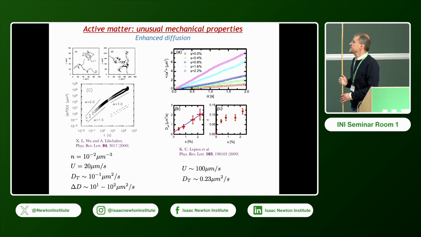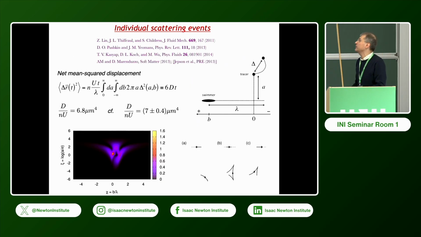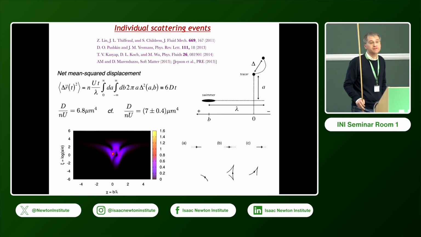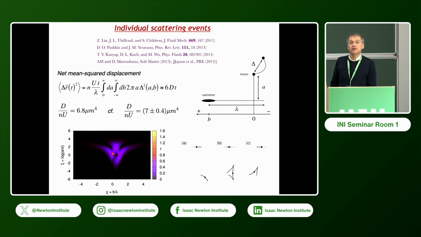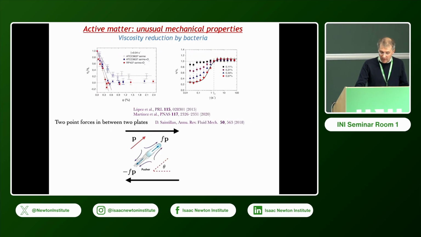Okay, this can be quantified, and many people looked at this, notably Jean-Luc Thiffeault, but also us and Julia Yeomans's group. Essentially at very low dilutions, you can think of this as individual scattering events, how a tracer is moved by a swimmer moving far away, and you can sum this up independently and end up with a number which is very close to the experimentally measured value.